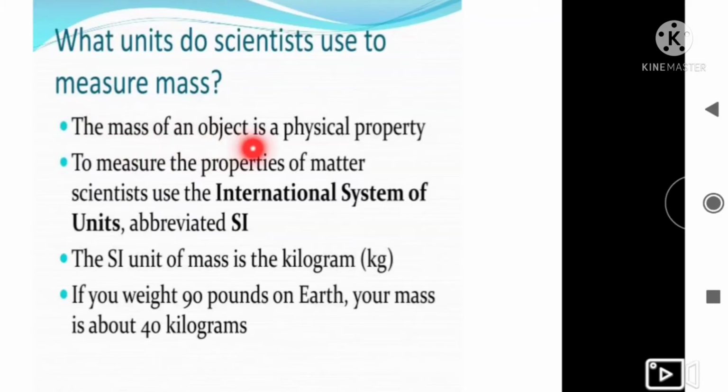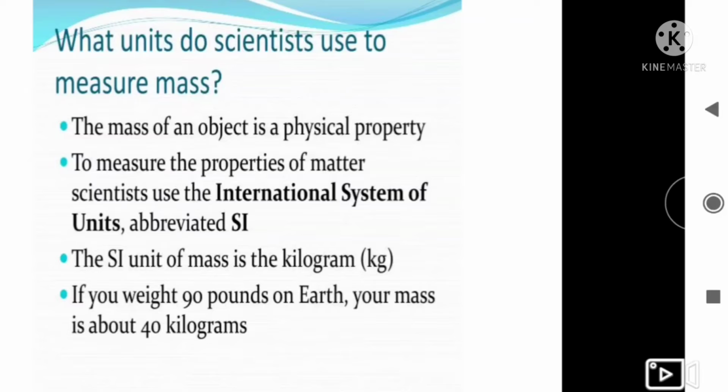Mass of an object is a physical property. To measure the properties of matter, scientists use the International System of Units, abbreviated SI. If your weight is 90 pounds on Earth, your mass is about 40 kilograms. The SI unit of mass is kilogram.